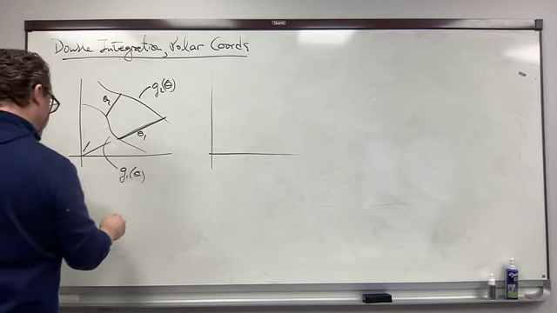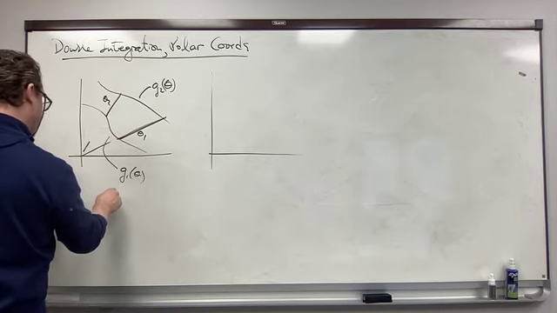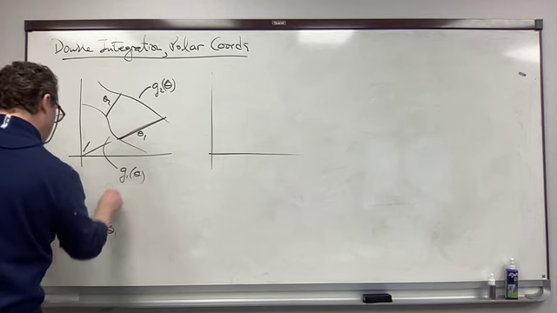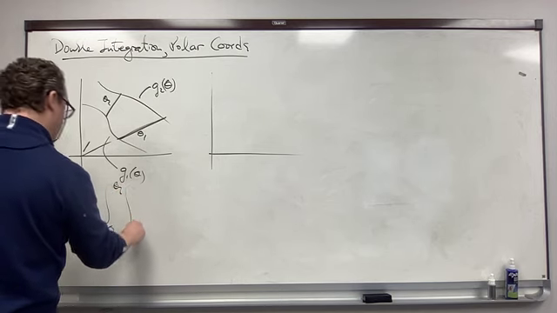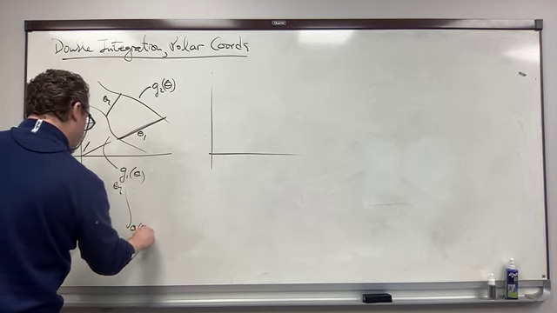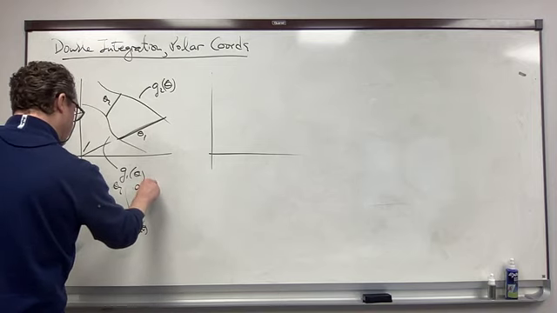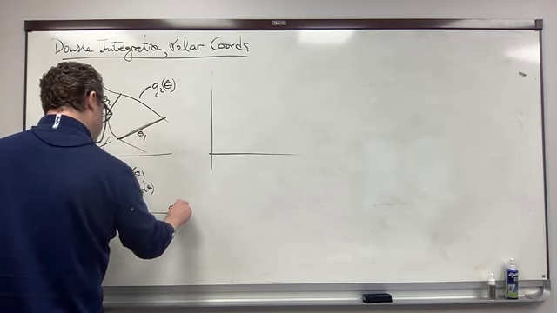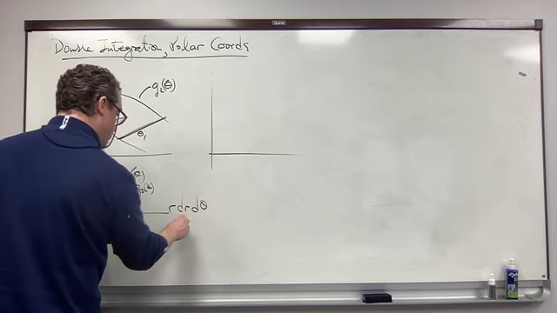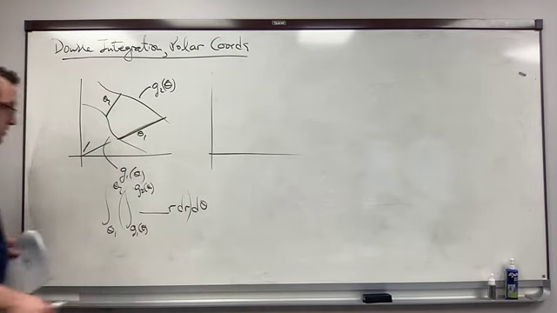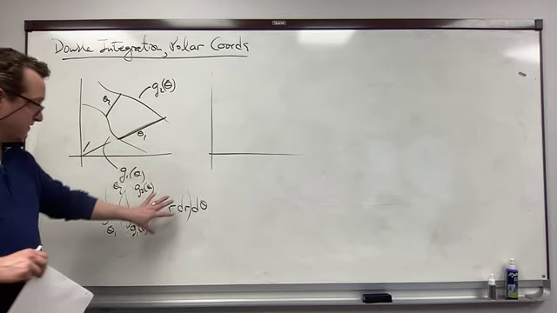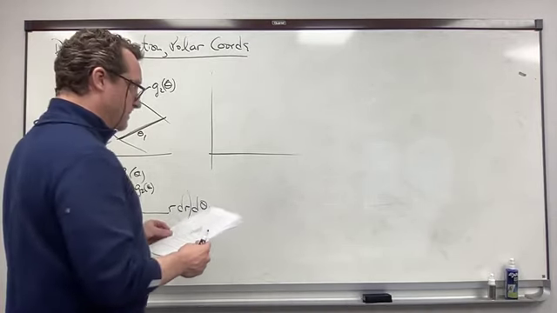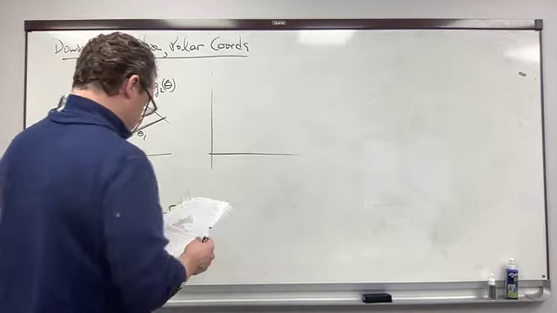And so you'd have some integral of theta 1 to theta 2, then you integrate r from g1 of theta to g2 of theta, then you'd have your integrand, and then you'd have r dr d theta. And you would do this part first, and when you're done, you'd have a function of theta, then you integrate out theta. This will be more obvious when we do the first examples.